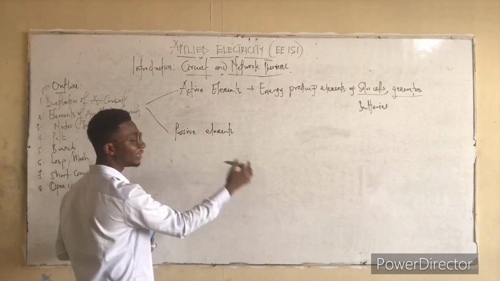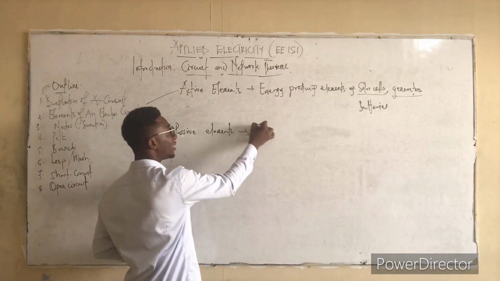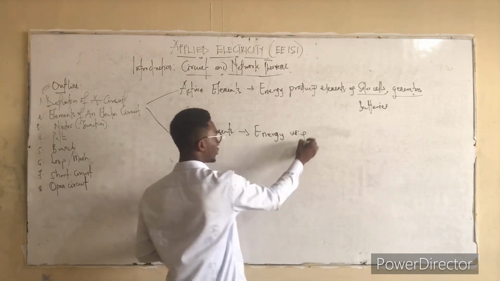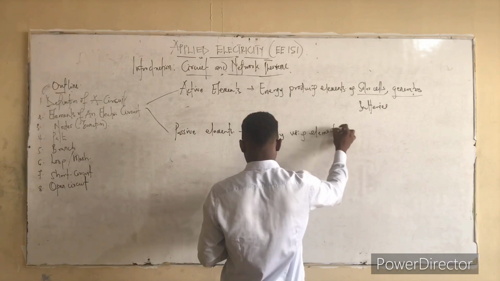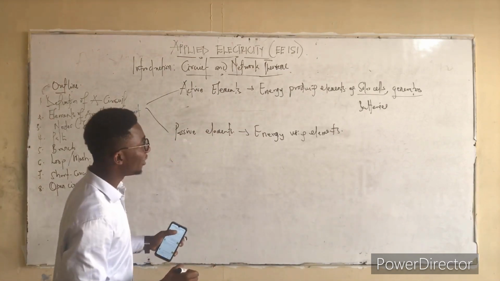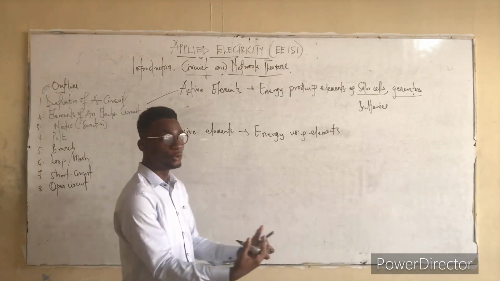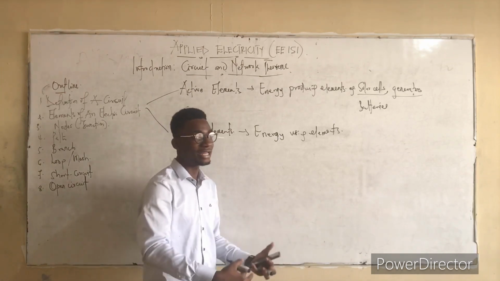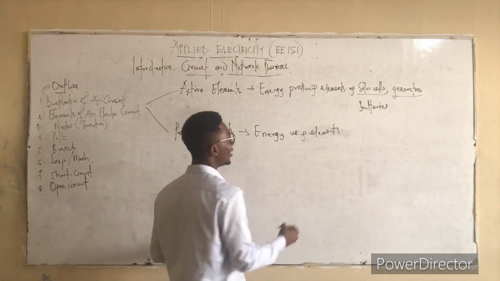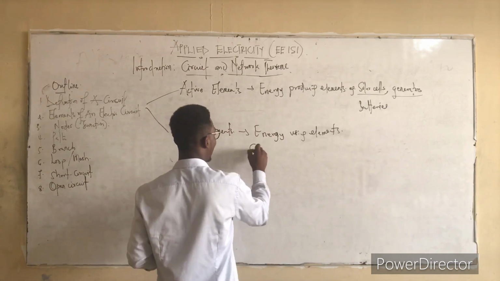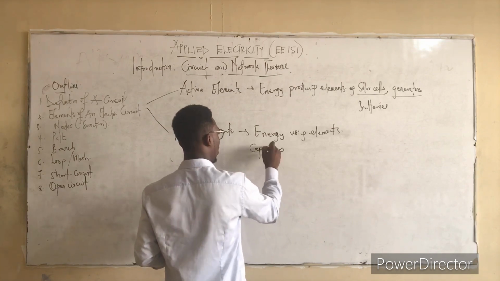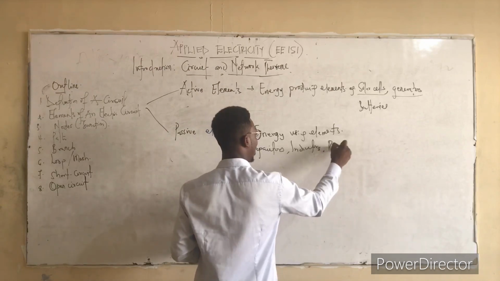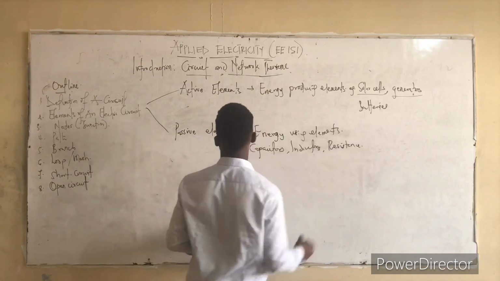Now when it comes to the passive elements, they are simply the energy using elements. That means elements that use the energy; they don't have the capacity to produce energy, but they use it. Typical examples are capacitors, inductors, resistance, and other elements.